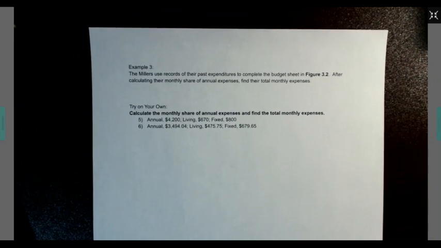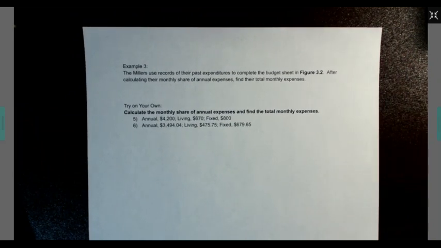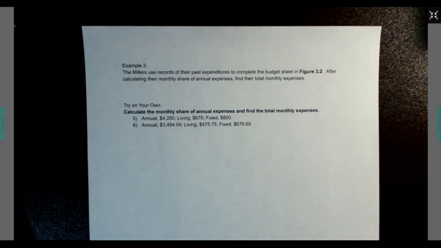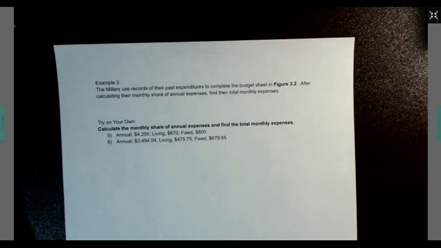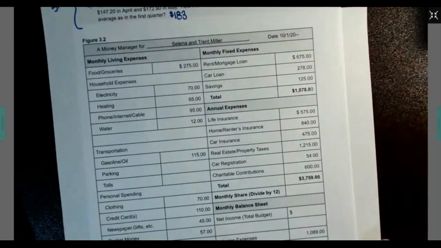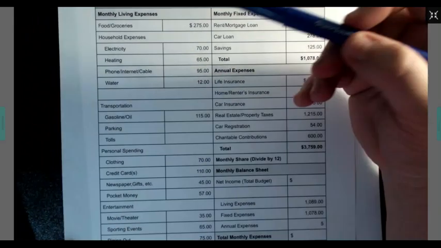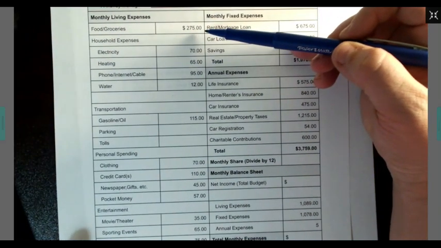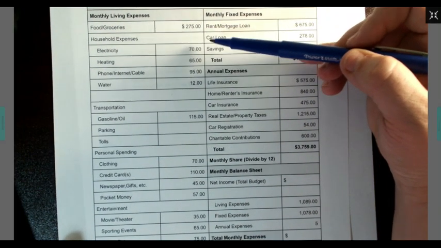Example 3 says the Millers use records of their past expenditures to complete the budget sheet in figure 3.2. After calculating their monthly share of annual expenses, find their total monthly expenses. As you can see, they've got $275 allotted for food and groceries.